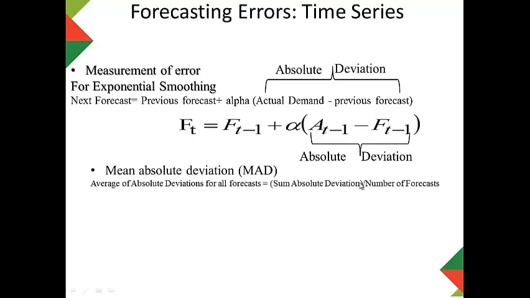So one way to check how good our forecast was is to calculate the mean absolute deviation. That is, calculate the sum of absolute deviations and divide by the total number of forecasts. This is the formula.